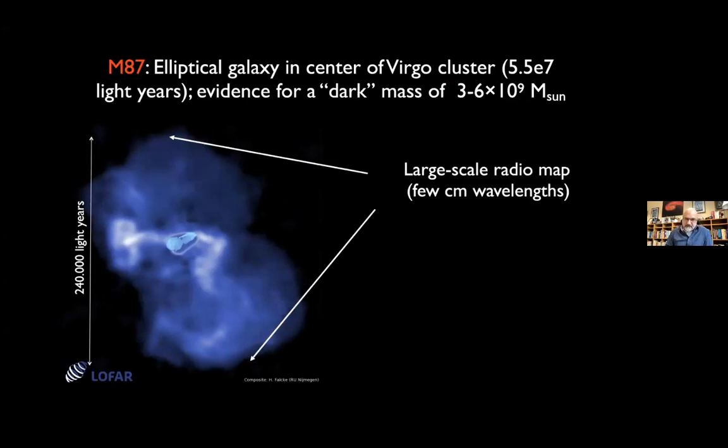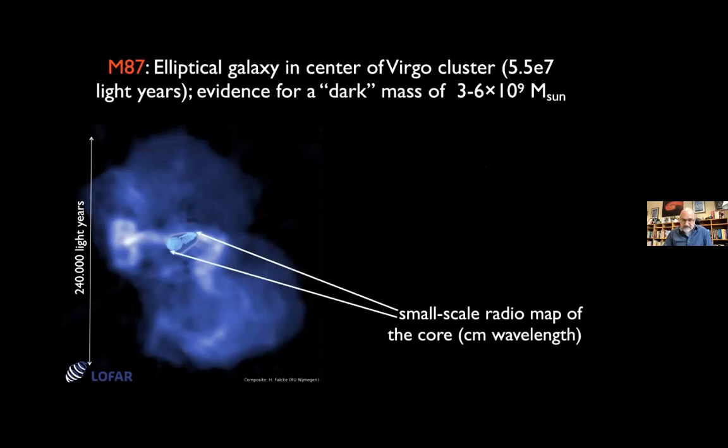It's emitting from a much larger region, and that's pretty typical, because galaxies tend to produce highly energetic electrons, and these then will shine in the radio. And so if you look at it with a radio map at a few centimeters, that's what you would see. And then using a technique which we have exploited to the extreme, you can zoom in into these objects.